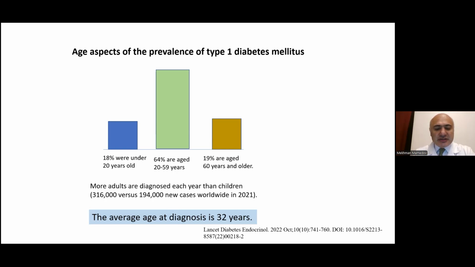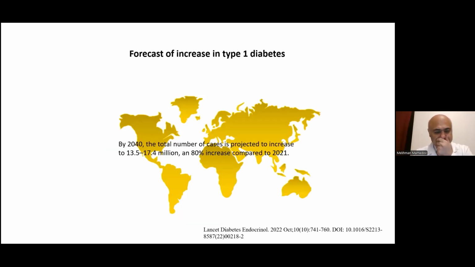The average age at diagnosis is 32 years. There is a perspective of increase in type 1 diabetes. By 2040, the total number of cases is projected to increase to 17 million. It's about an 80% increase compared to 2021.